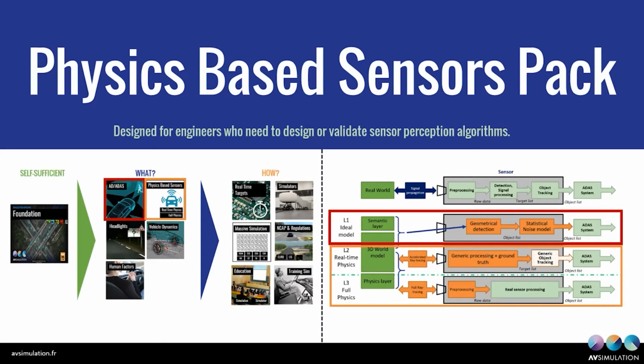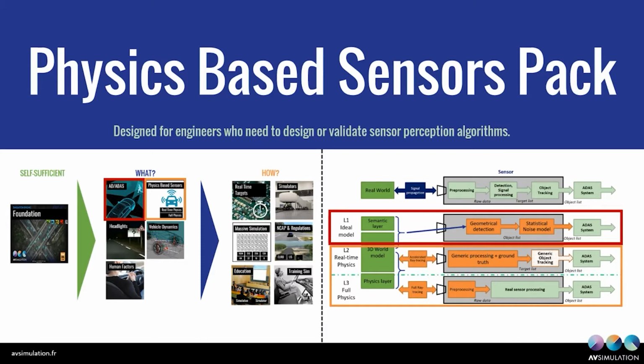Just to give you a first idea, level 3 uses not the semantic layer, but the physics layer and the 3D world model. What is very important with level 3 is the full ray tracing: to have a very accurate signal, a raw output for your sensor that will take into account these 2 different layers.